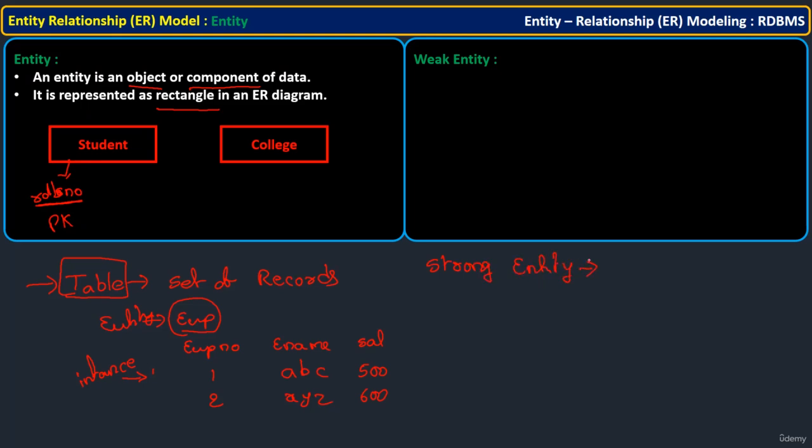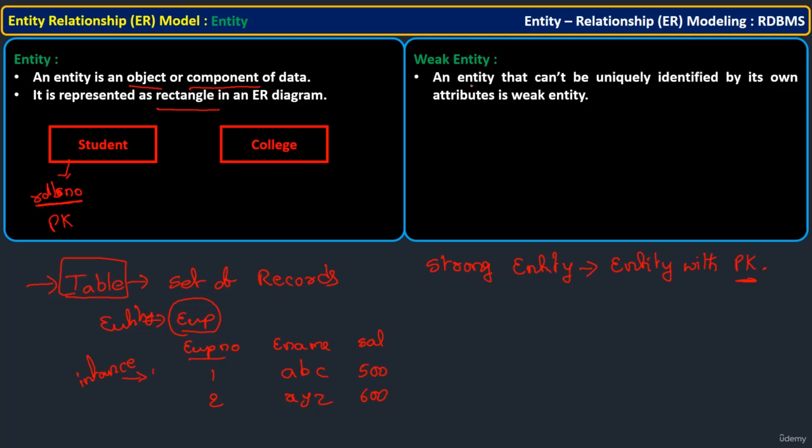Okay, strong entity meaning is what? An entity with a primary key. So out of all the columns, one of the columns or a combination of the columns, we are able to identify as the primary key. Such an entity we are calling a strong entity, fine. Now when does it become a weak entity?